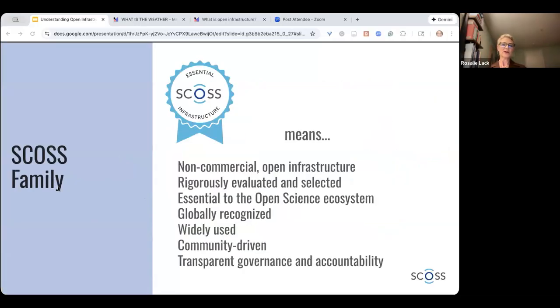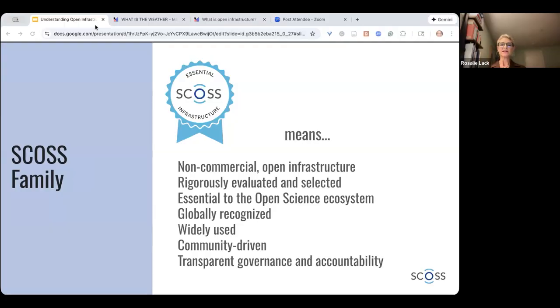So when you see this SCOSS seal, you can know that the infrastructures are non-commercial for sure. They're open. They have been rigorously evaluated. They're essential for the open science ecosystem. They're global, widely used, community-driven, and have transparent governance and accountability. So all these, again, align with the POSI principles.